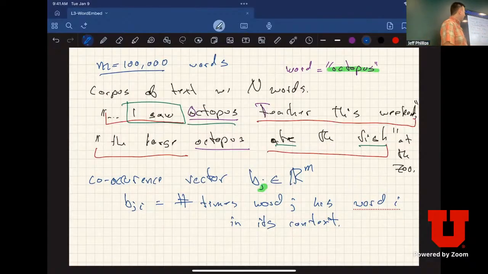Okay, this is a vector representation, but it's not yet a useful one. The word the occurs in a lot of contexts. So the fact that the b_octopus,the value is large is not really telling me too much. So I'm going to want to update this in a couple of ways. First, I'm going to create a probability.